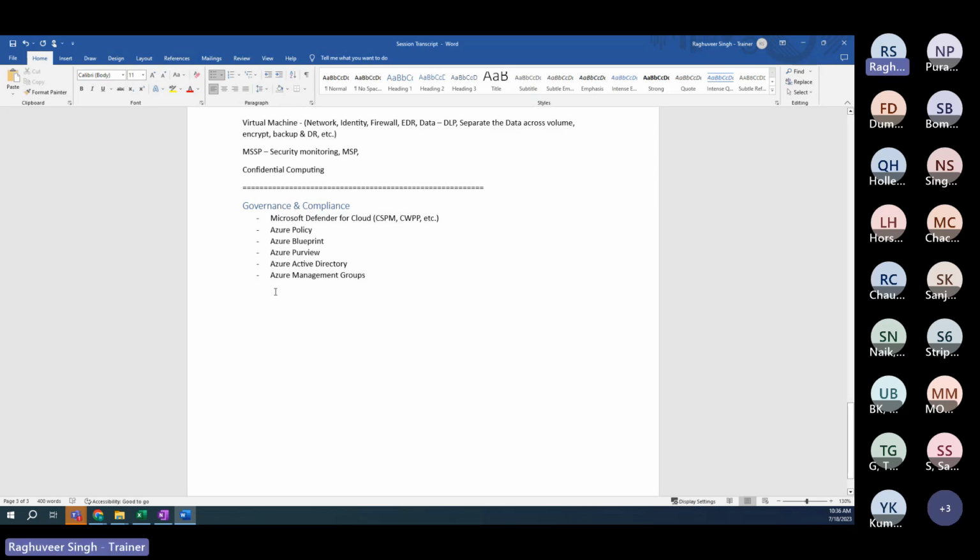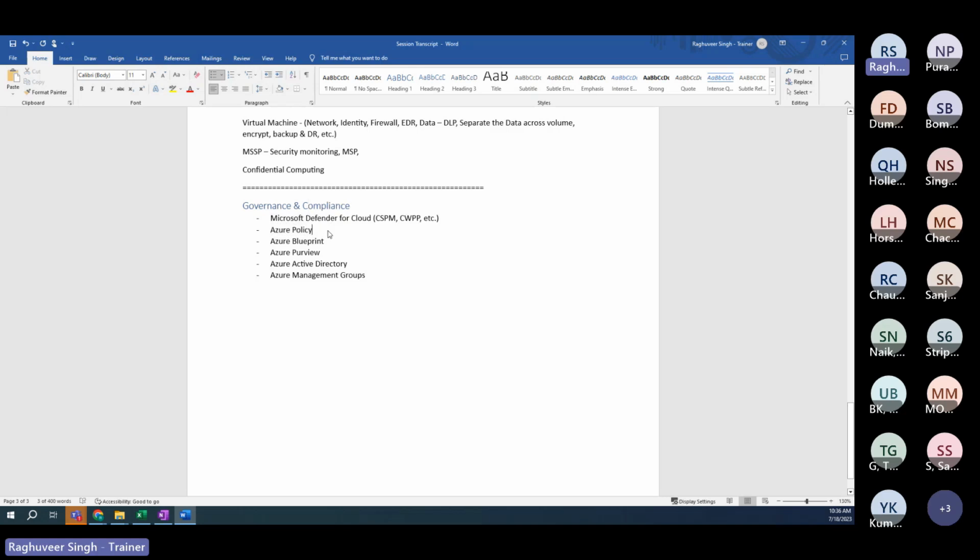And if it is not there, it is your responsibility as an engineering function or as an operational function to suggest your customer to stream logs from these services to Sentinel. These are your governance and compliance services. Now, Microsoft Defender, we will continue to speak in detail throughout Sentinel because it has great integration.